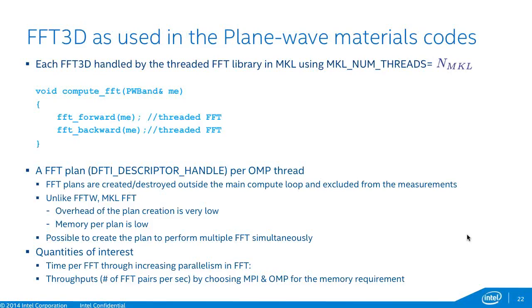However, you can imagine doing all those bands together with one FFT. So that's one option. But it turned out, because of the data layout we have to deal with, the multiple simultaneous FFT through MKL is not optimal. But those things are also something you can change based on your application.